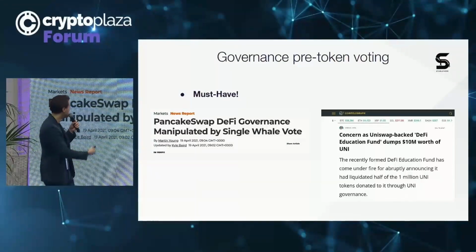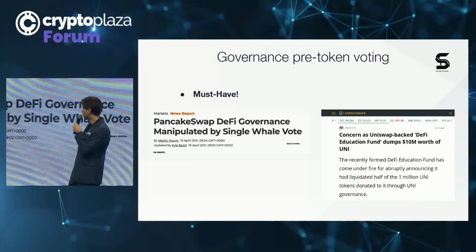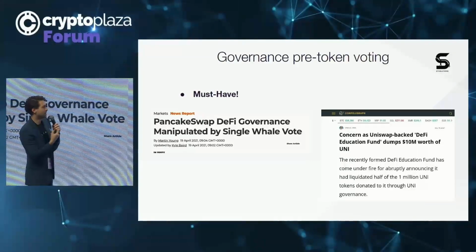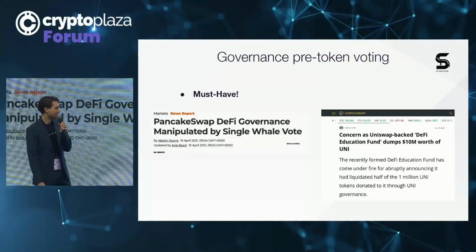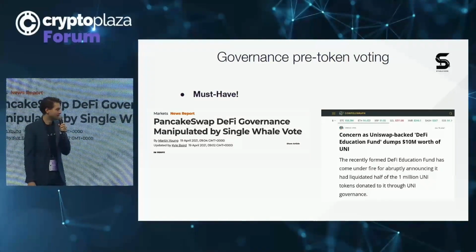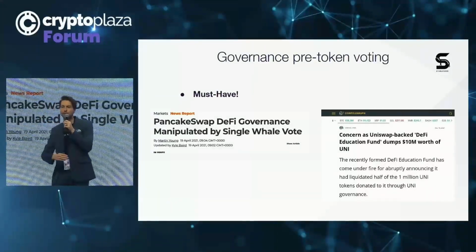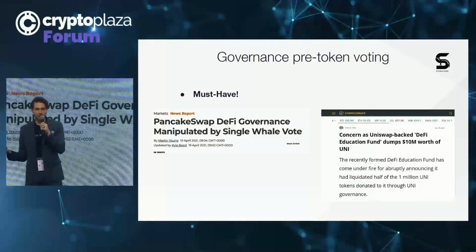So we had this PancakeSwap situation where a single whale pushed through a proposal. We've also seen, I don't know if you guys heard about the Uniswap DeFi education fund that came from a big Ivy League school in the US, it was basically pushed through by some of the big VCs, and there was big community outrage about it, right?